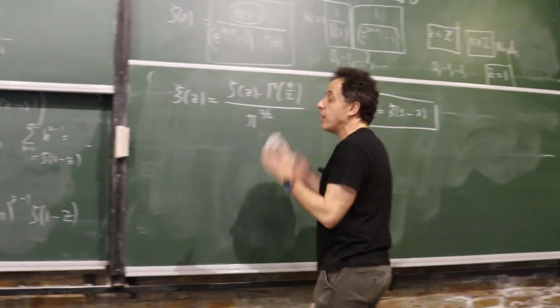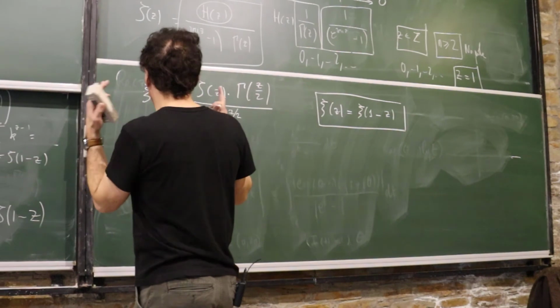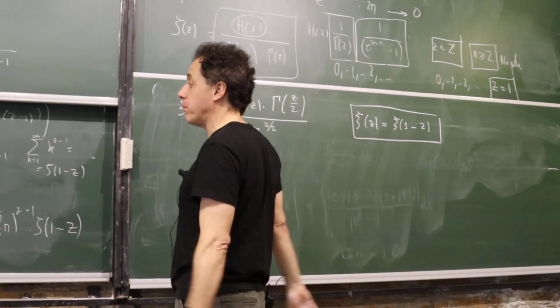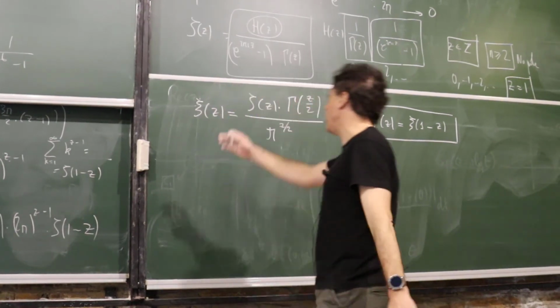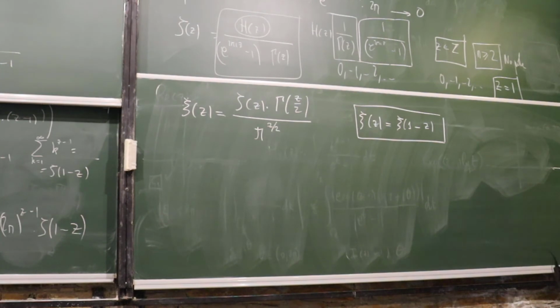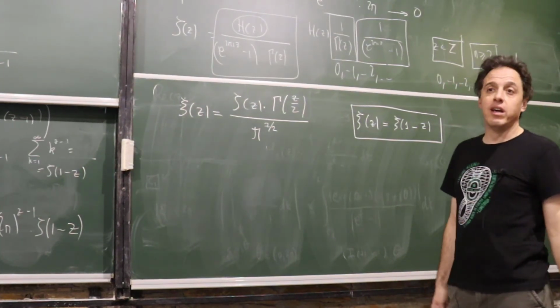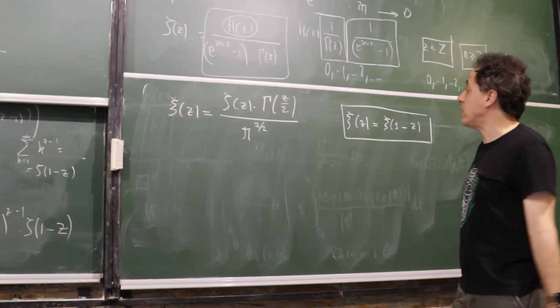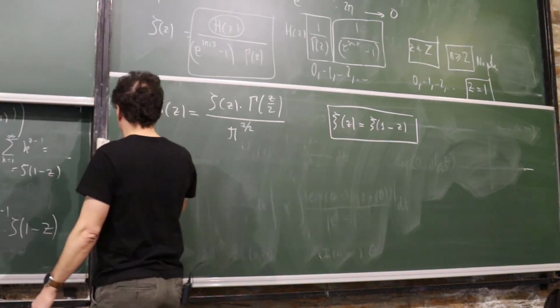This formula would be valid for some complex numbers, but of course, by the identity principle, it is valid everywhere. And this formula is used, for instance, to compute some values of the zeta function.